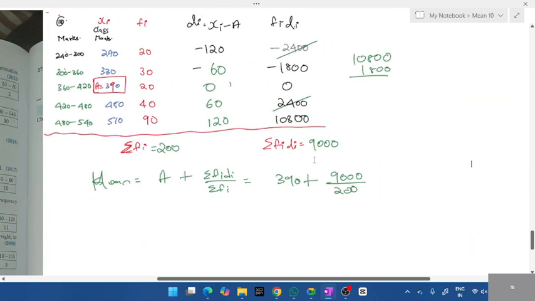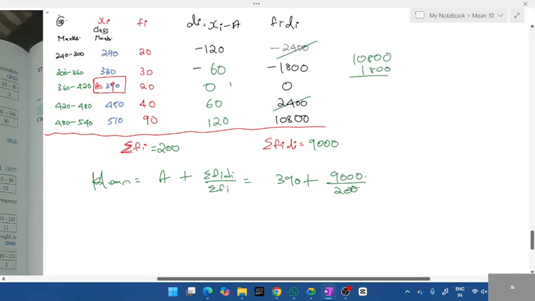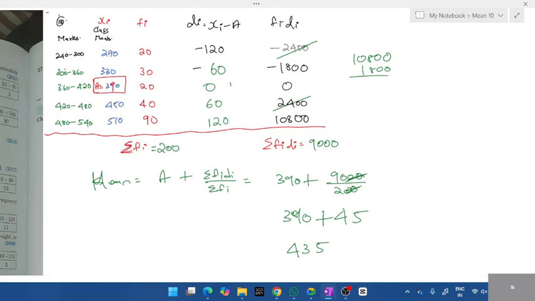Values will get 0. Two zeros get cancelled. 390 plus, how much is 90 divided by 2? 45. 390 plus 45? 435. So the middle value is 390 and the value lies between 390 and 435.